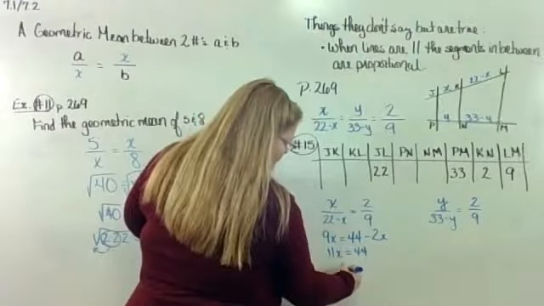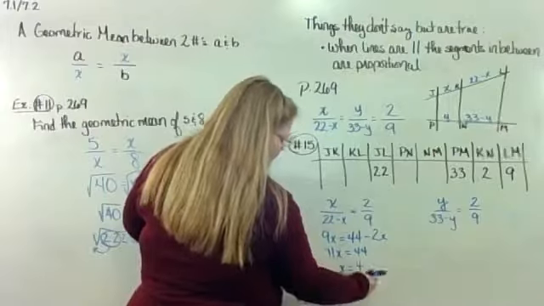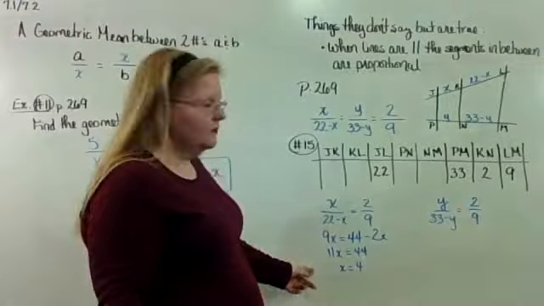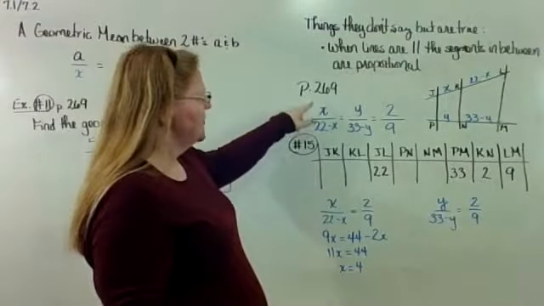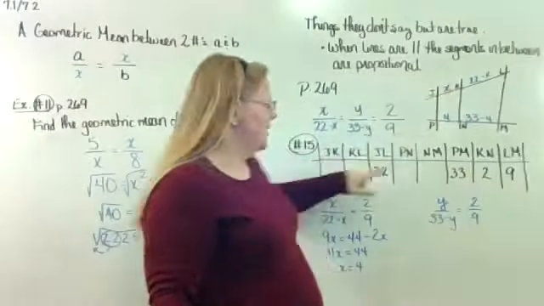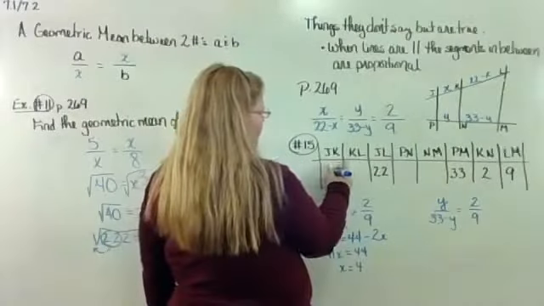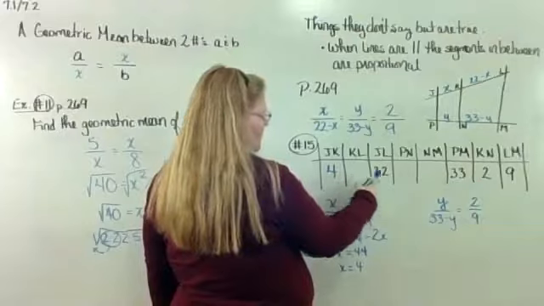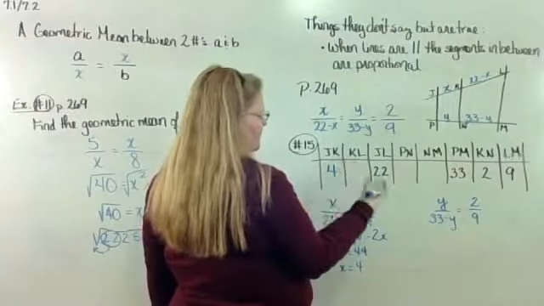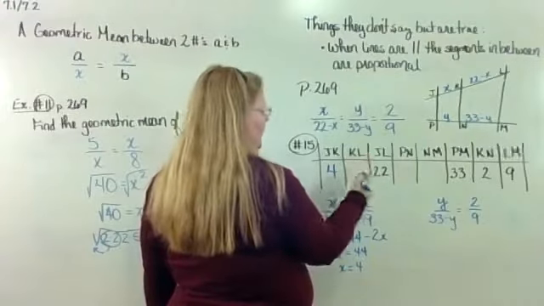So x must be 4. Since I know that x is 4, I can come back and say, oh, x was this one, JK. So this is my 4. And this one is 22 minus 4, which is 18.